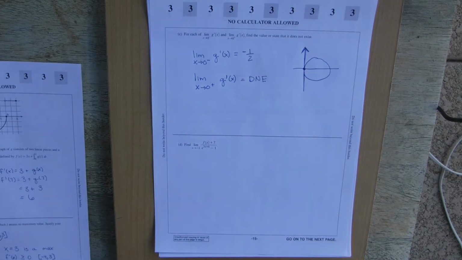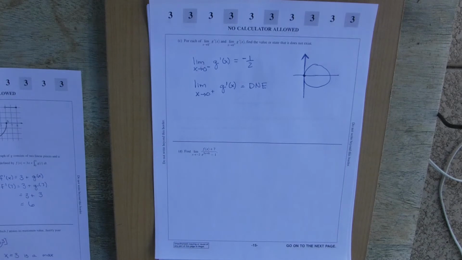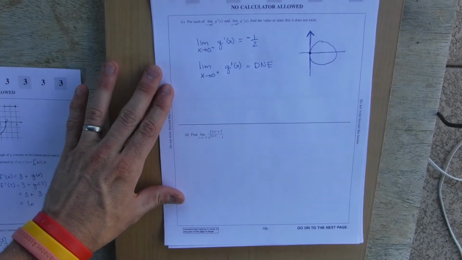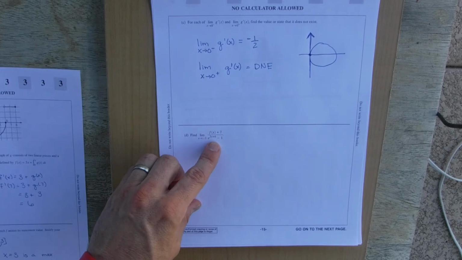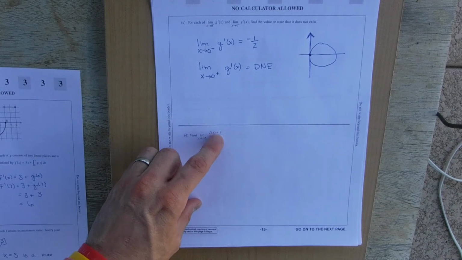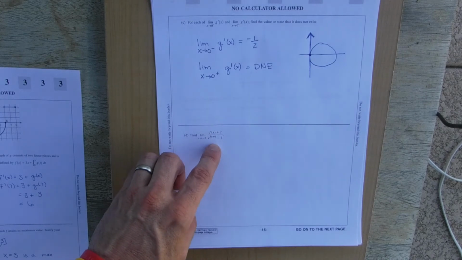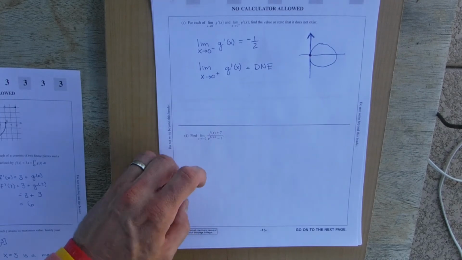Okay. Last but not least, we are going to be looking at question D of this problem number 3. And here we go. Okay. All right. Does everybody smell that? Smells like L'Hopital's rule. Whenever you have a limit with this big old fraction, I am betting L'Hopital is going to come in here.